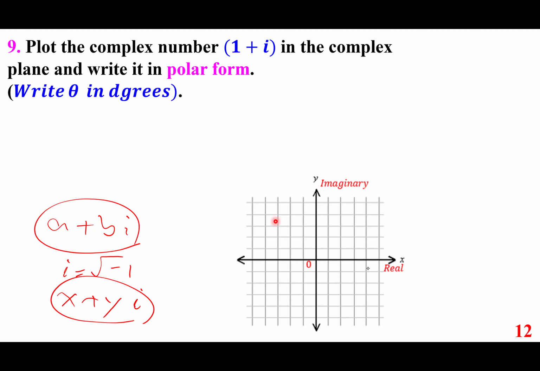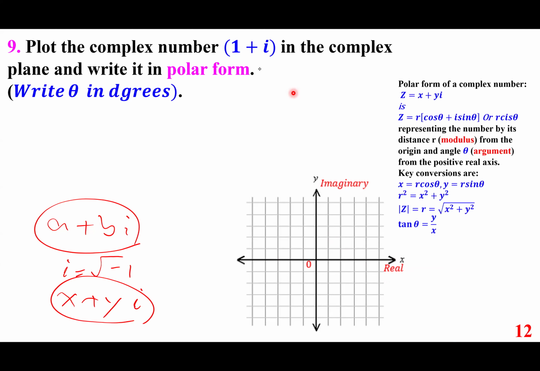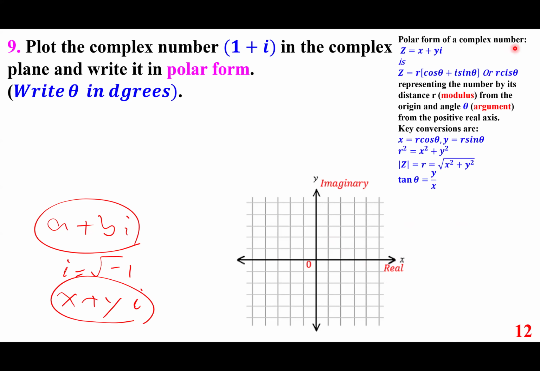So then the rectangular coordinate system: the x-axis is the real axis, the y-axis is the imaginary axis. So here's the synopsis of what we need to do before we work on this. The polar form of a complex number z equals x plus yi is z equals r (cosine theta plus i sine theta).